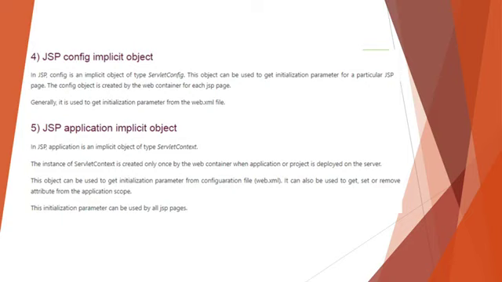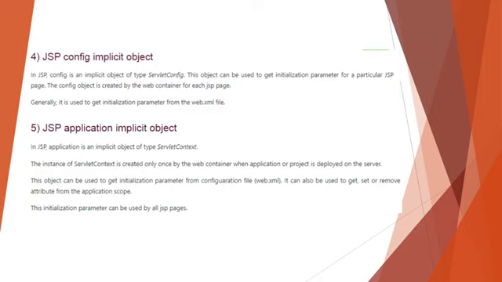It is created only once during the life cycle of the servlet. This object can be used to get initialization parameters from the configuration file. It can also be used to get, set or remove attributes from the application scope. What does it mean? Whether I want to get, set or remove anything here, it will be done by the application object. The initialization parameters can be used by all JSP pages.